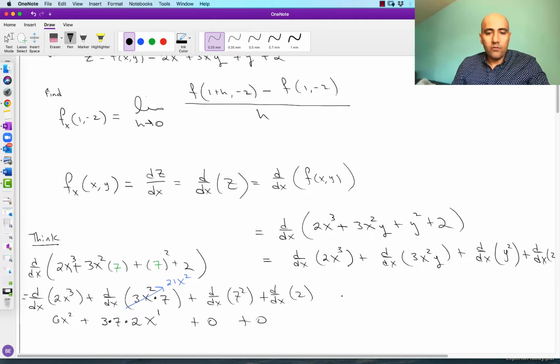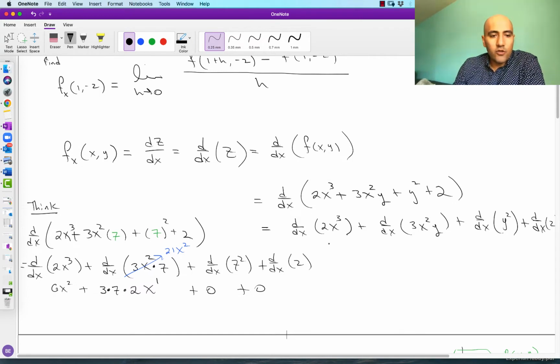Okay, so we can see that for this first term, we're going to get 6x squared. Then here, we're going to bring the 2 out in front, so we'll get 2 times 3 times y, where y is some constant. Good. So let me go ahead and write that down.